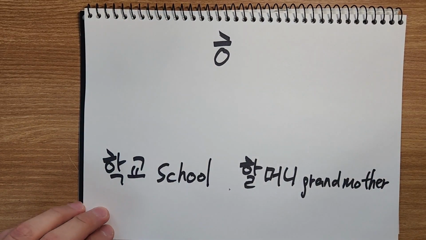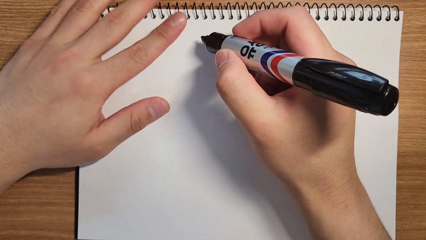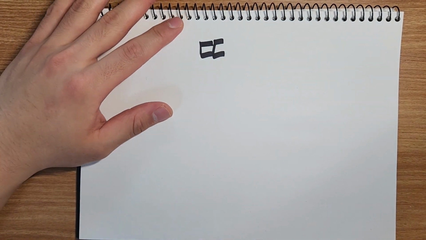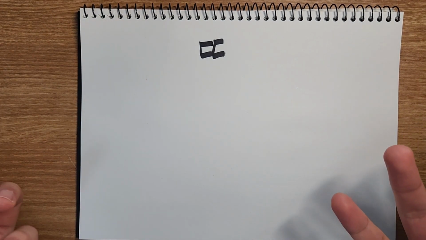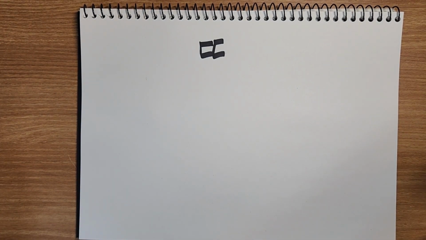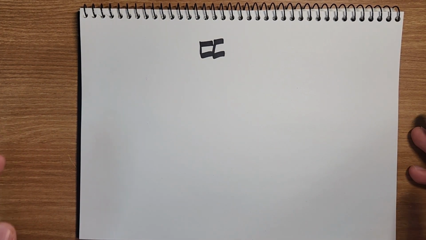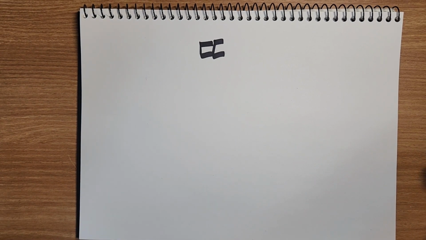The next alphabet is 쌍디귿, which looks like this. It looks like 티귿 that you learned beforehand, and it actually sounds similar to 티귿, but you should pause your breath beforehand, and it has to be much stronger. So you have to stress your mouth muscles to pronounce 쌍디귿 properly.